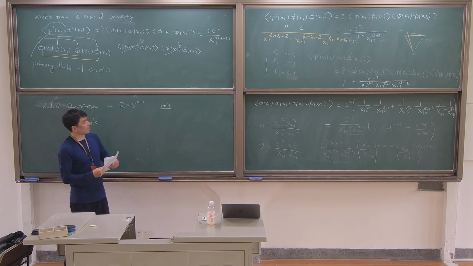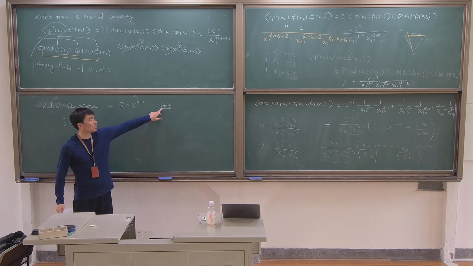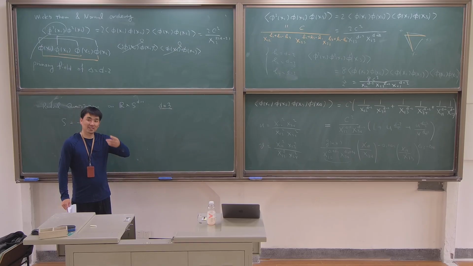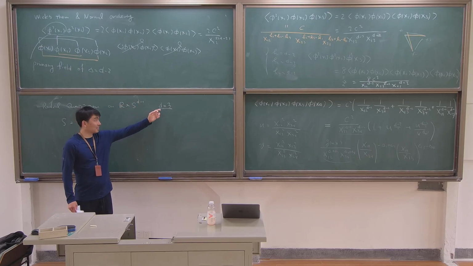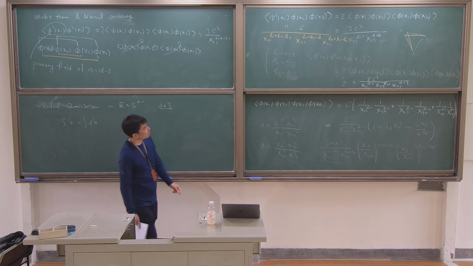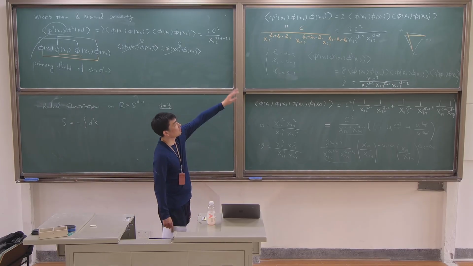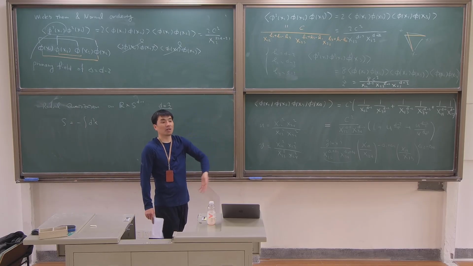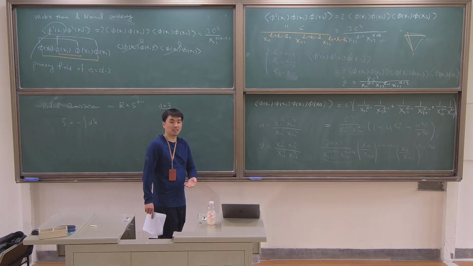I will explain why d equals 3 is simplest, because d equals 2 we already learned by cylindrical radial quantization. After that, you have to do the spherical harmonics decomposition of the spectrum. In the flat space, you can do the Fourier transformation very easily.